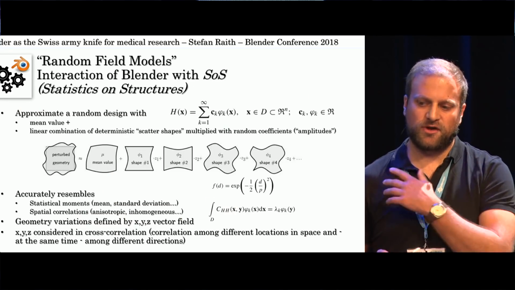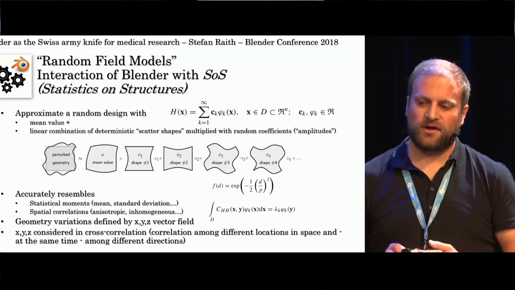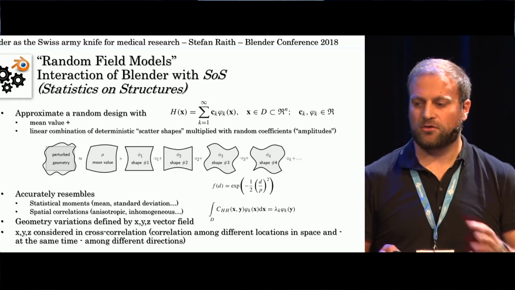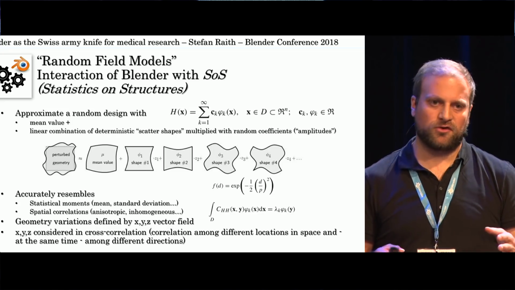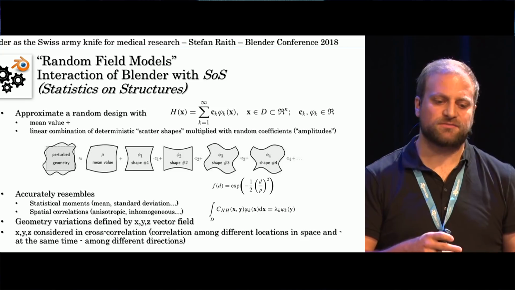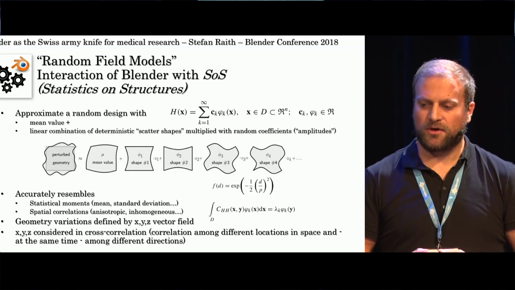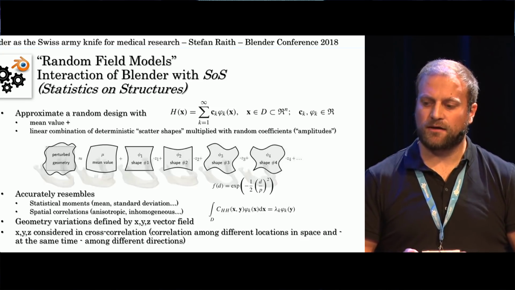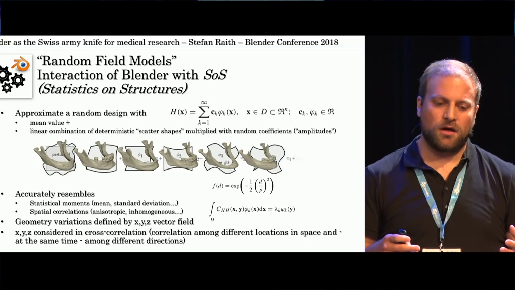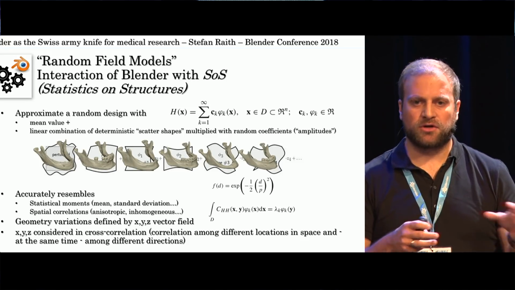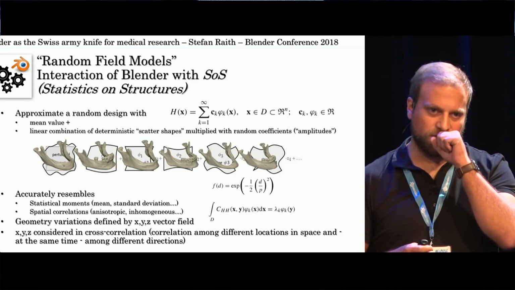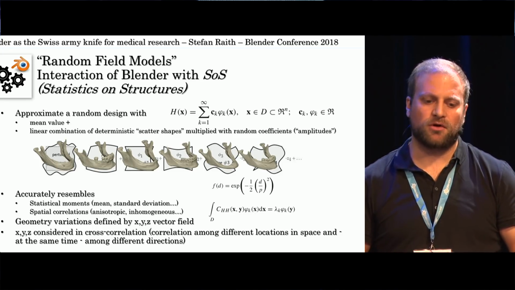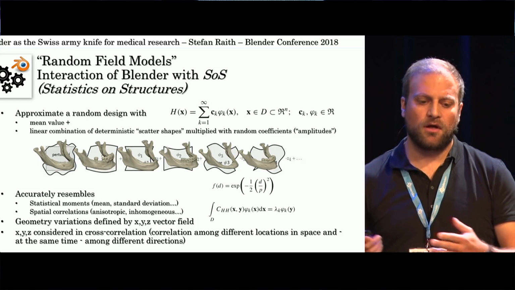For this procedure, we use a complex method called random field models. I don't want to go into detail on that. An external software is used to calculate the complex parts of it, called statistical shape models. We basically regard our different anatomical shapes as differently shaped input variables of this mathematical model.